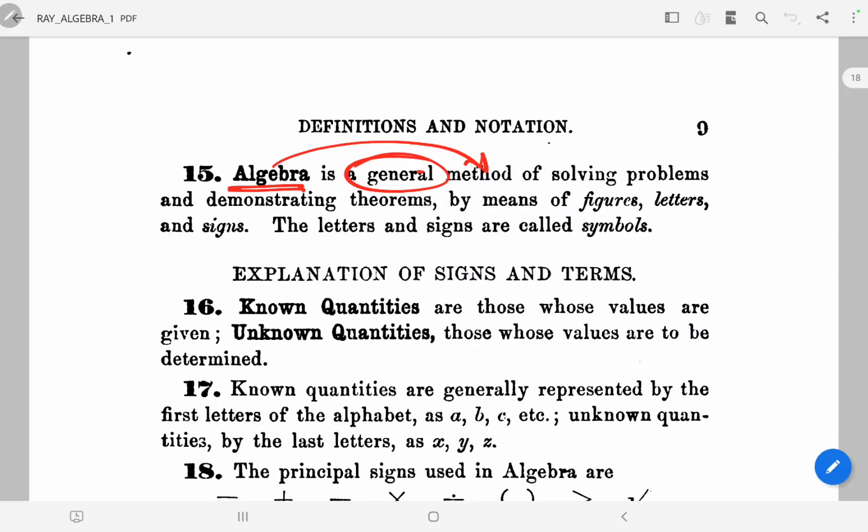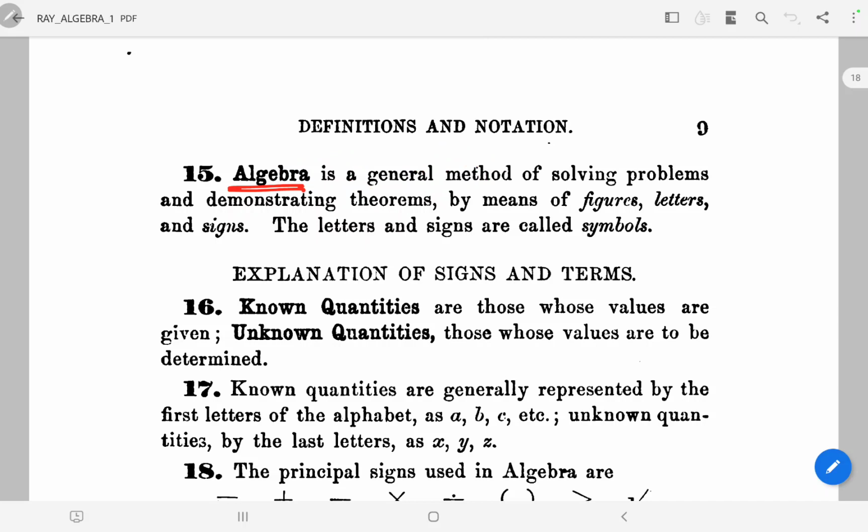In algebra, we learn about relationships and properties of different quantities, and we use this knowledge to answer questions about all different kinds of quantities. So because this method applies to all different kinds of quantities, we call it a general method.